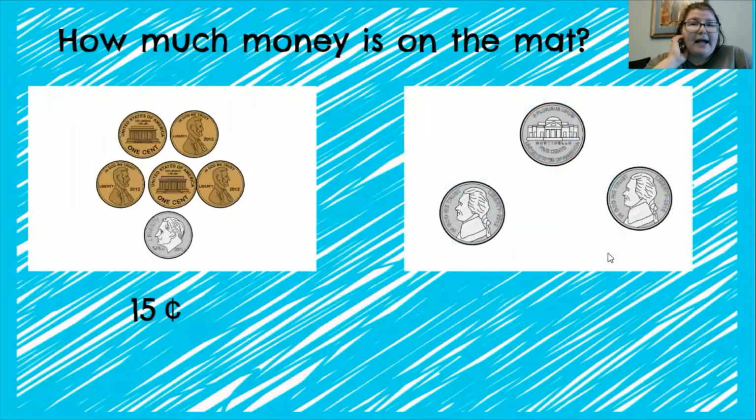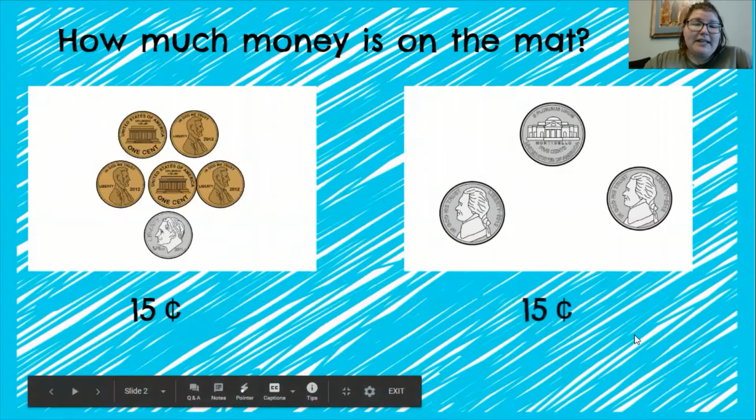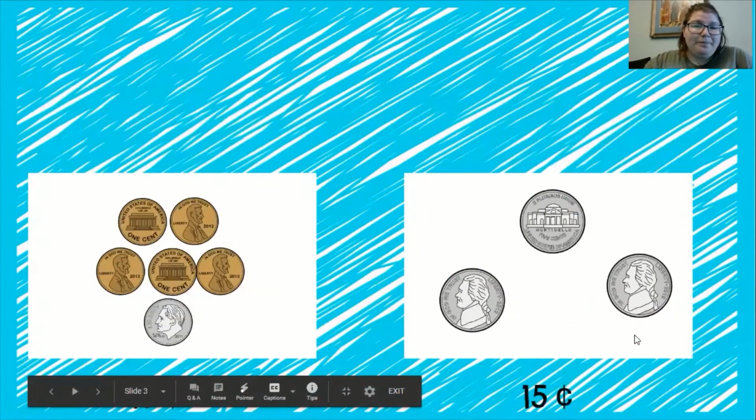What about on this mat? How much money is on this mat? I'm going to give you about 15 seconds to count. So when I counted the money on this mat, I noticed that it was 15 cents as well.